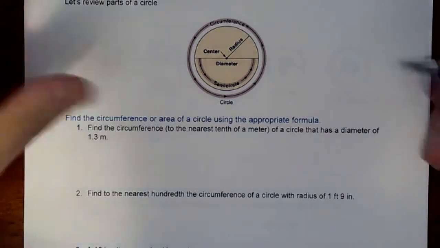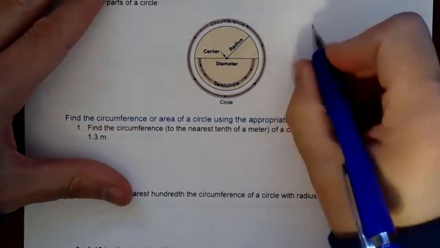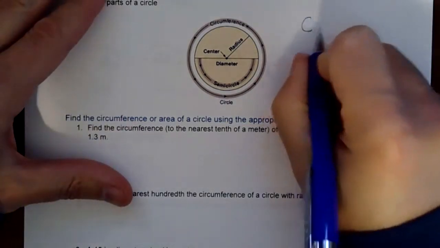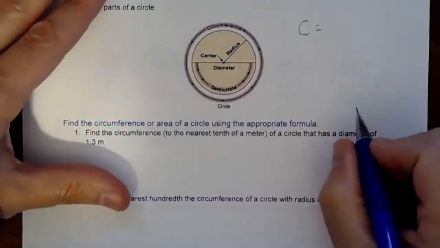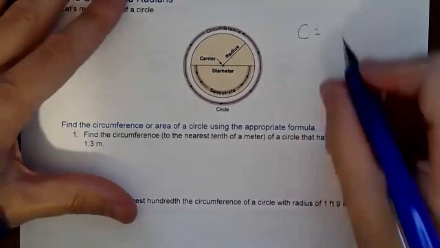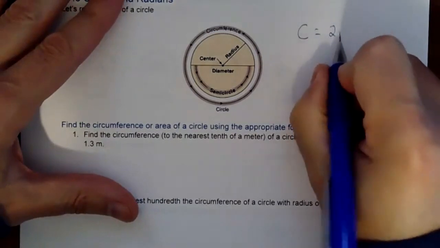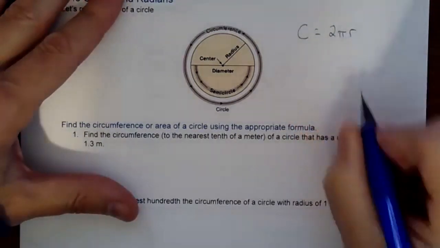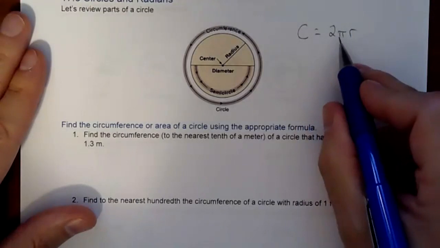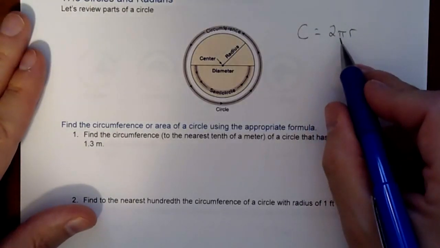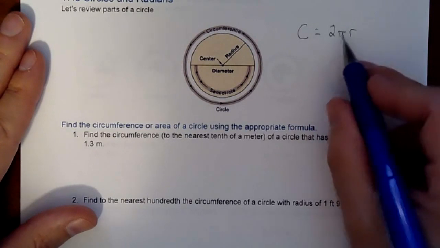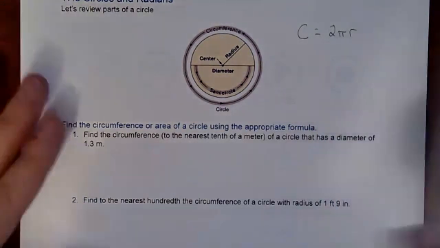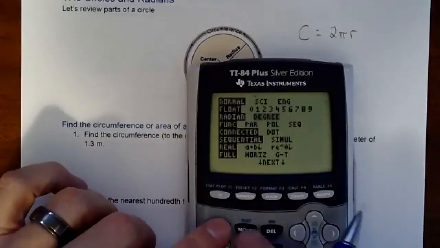To refresh your memory, here are the formulas you definitely are going to want. The formula for circumference of a circle is 2 pi r. Please use pi on your calculator, not 3.14, because 3.14 won't be accurate enough. You want the actual pi button because you want all the value after the 3.14.